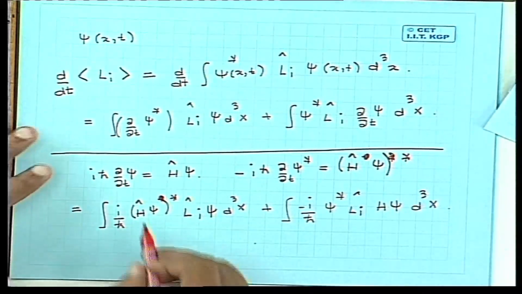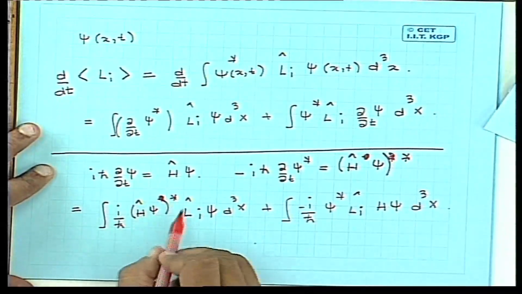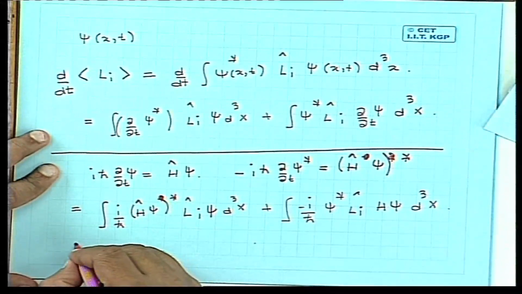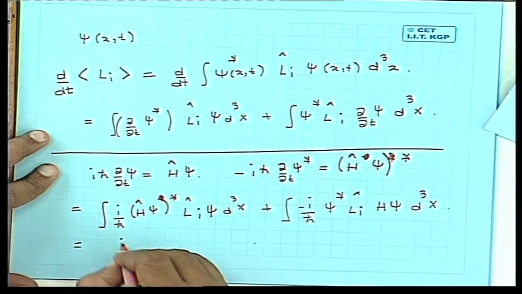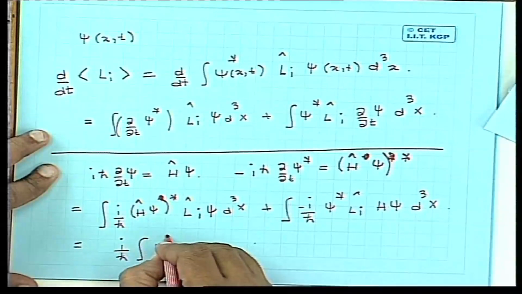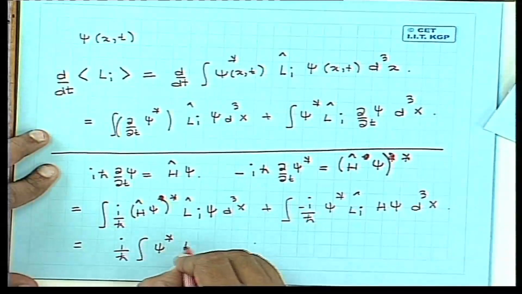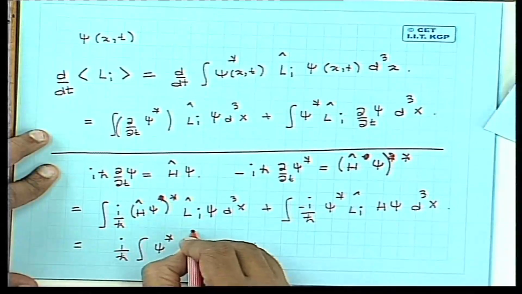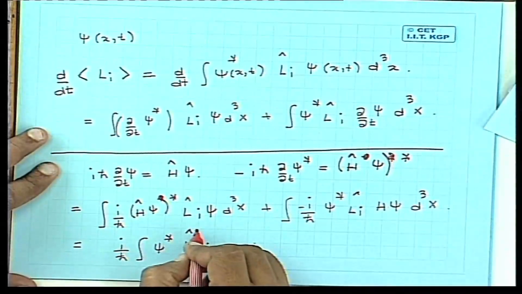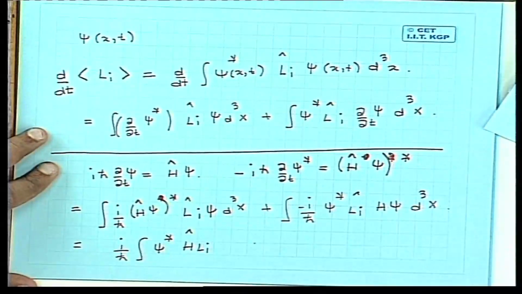Now, from the definition of the Hermitian conjugate, the dagger operator, I can take the i by h cross outside: psi star H Li dagger. There should be a dagger here, but the dagger of H is the same as H itself.